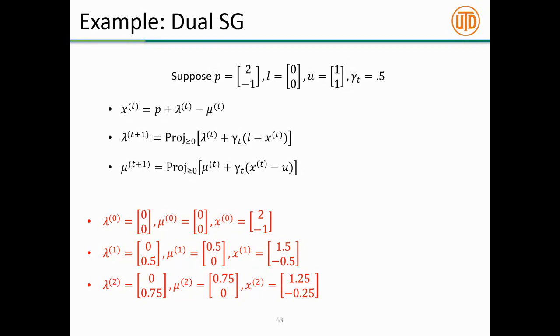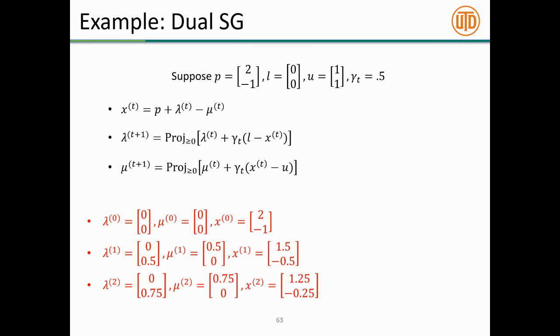In the second iteration, it's (1.25, -0.25), etc. If I keep iterating, it will converge to the projected point, which in this case is (1, 0). That's the solution. But at any finite step, x is not feasible and doesn't satisfy the constraints. It's getting closer and closer to satisfying them, but it doesn't actually satisfy them.